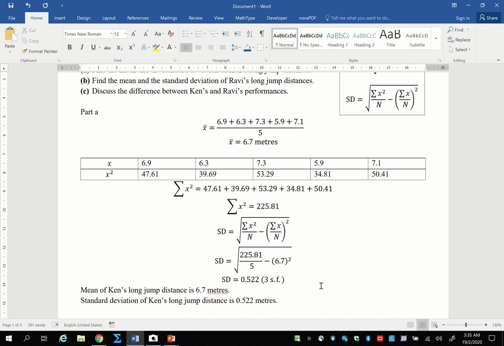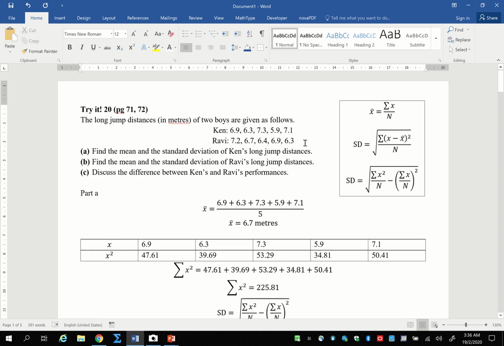So the unit for standard deviation and mean is the same as the unit for your data itself.